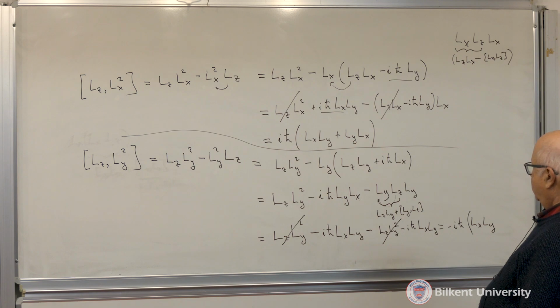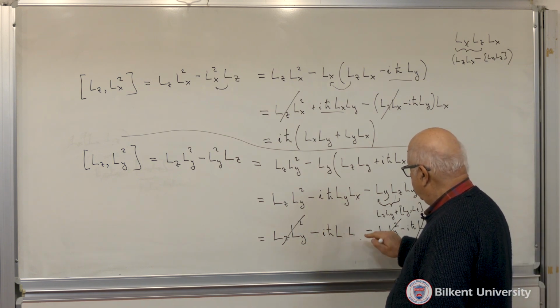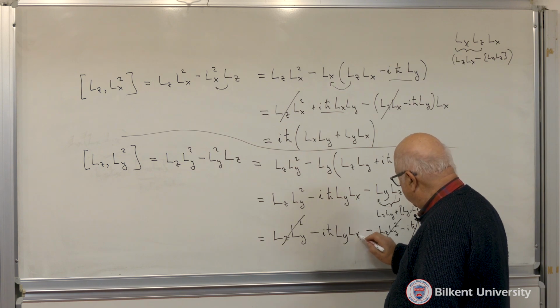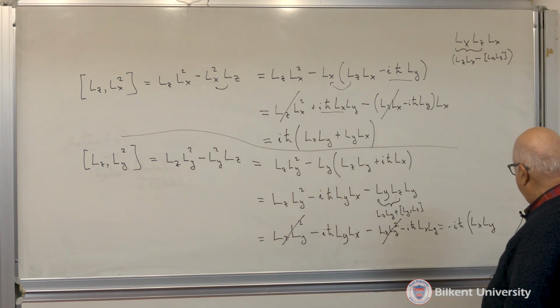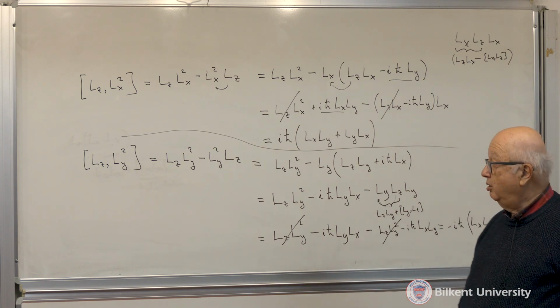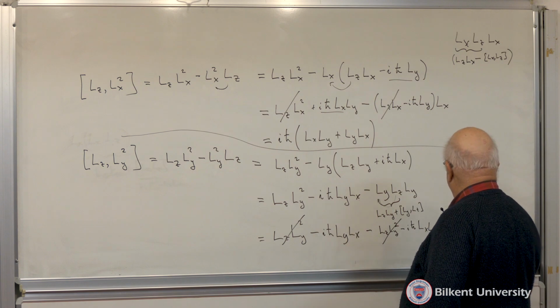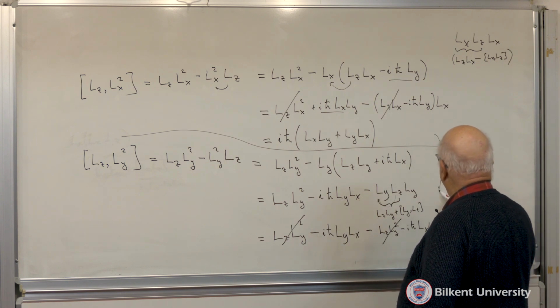This one is, let me see what's going on. Yeah, this one is Ly, Lx, right? I told you to check my algebra. But in any case, I do have an Lx, Ly, and then I have an Ly, Lx. So I get, you see, precisely the negative of this one.